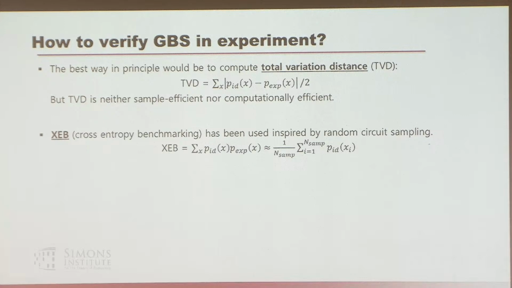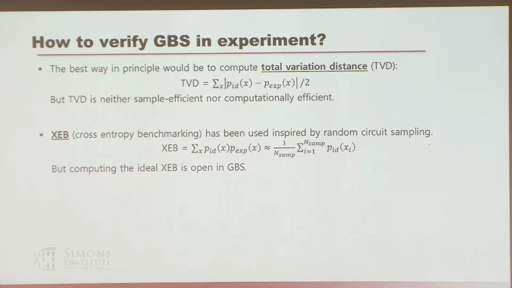In the Gaussian boson sampling community, they compute many different physical quantities and compare whether their experimental quantities are sufficiently close to the ideal ones. They also use cross-entropy benchmarking, inspired by random circuit sampling experiments. But one caveat in Gaussian boson sampling XEB is that we don't know the ideal score of the XEB.